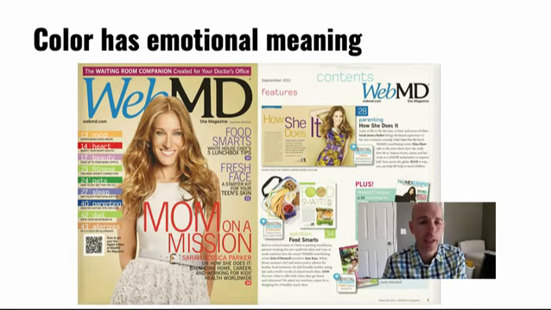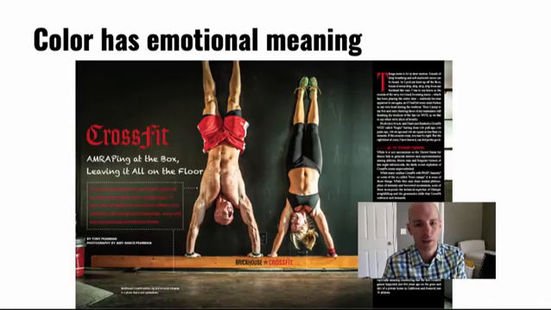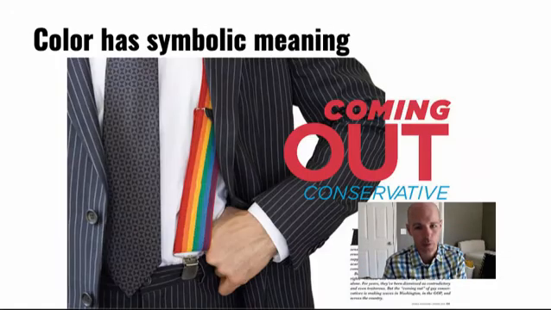It's trying to be calming, pleasant, and safe, and all of those emotions come through with the choices that they make here, right? Whereas this cover from a magazine is trying to have a totally different emotion. It's trying to be intense, muscular, and in some ways aggressive too. And so the use of color there is supposed to bring across that emotional meaning, right?